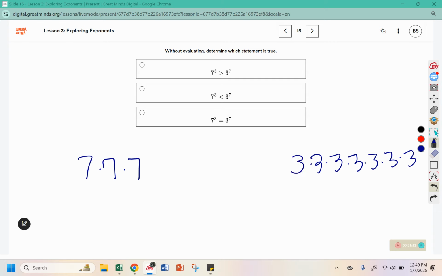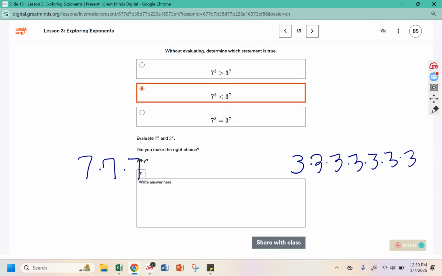Now, this is going to grow pretty quick. But because there's so many of them, just like doubling each day, this appears like it's going to grow even faster. So then, since this is growing so rapidly, we would say that 3 to the seventh is bigger and 7 to the third is smaller.